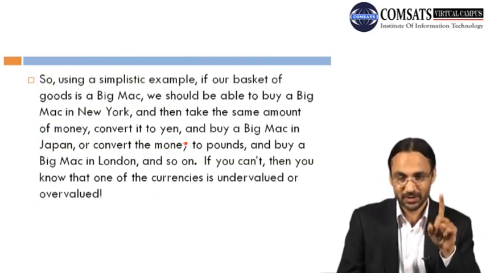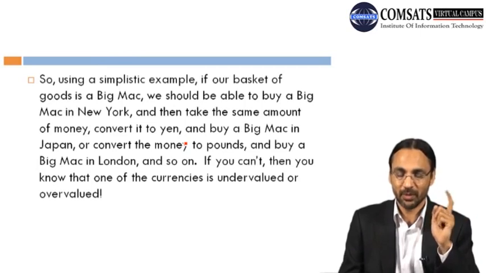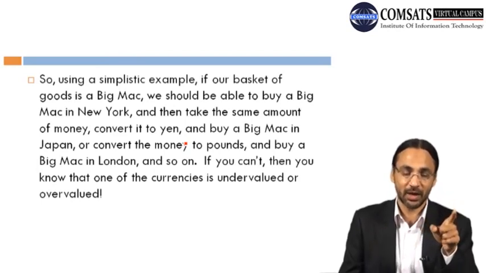So using the simplest example, we talk about the basic example. Our basket of goods is a Big Mac. We should be able to buy a Big Mac in New York and then take the same amount of money, convert it into yen, and buy a Big Mac in Japan, or convert the money to pounds and buy a Big Mac in London, and so on.